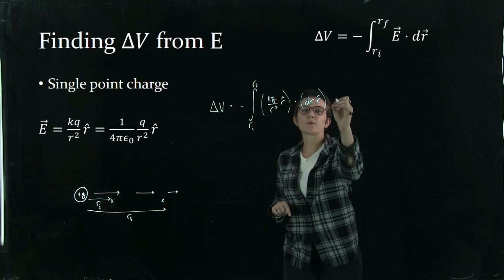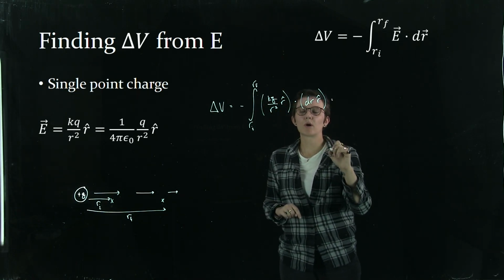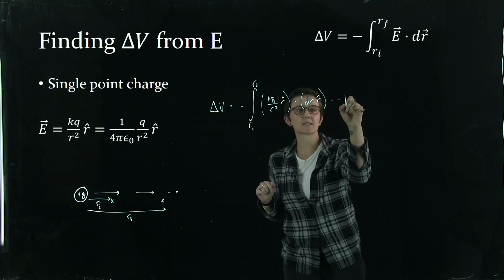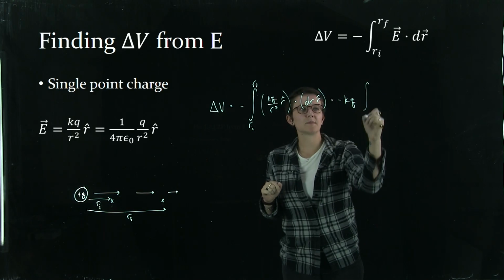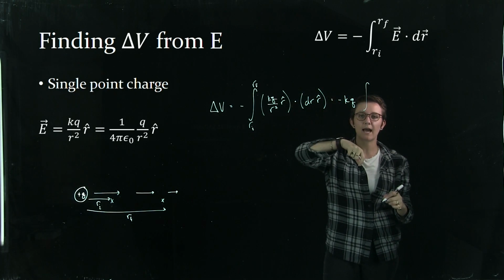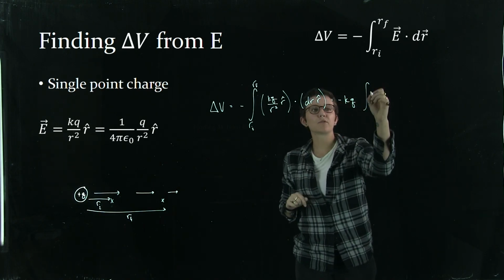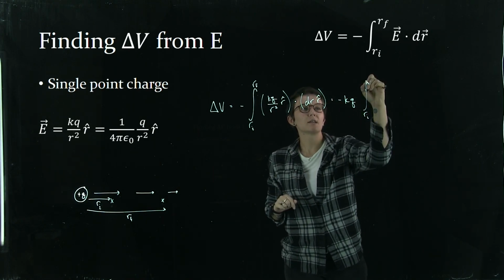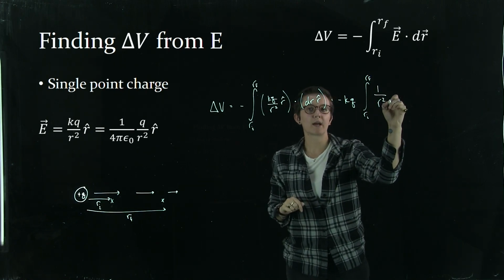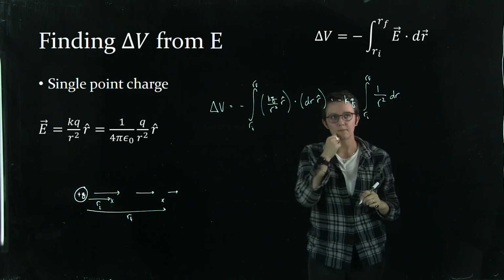All right, so now I'm going to simplify this a little bit more, and I'm going to pull out some constants. I can pull out k and q, so I've got minus kq times my integral. My dot product goes away. r hat dotted with r hat gives me 1. So I'm left with, from my initial position to my final position, the integral of 1 over r squared dr.